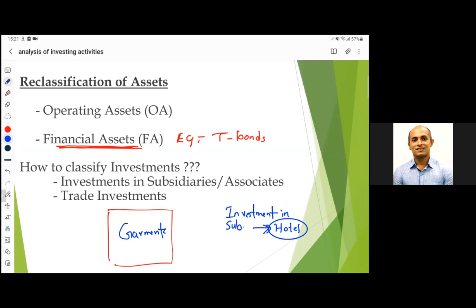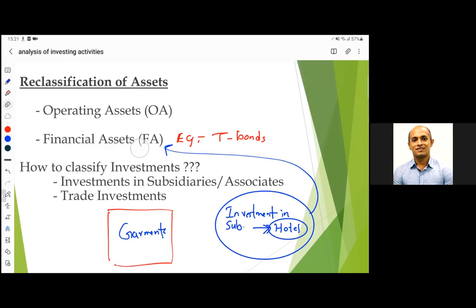Then the investment in that subsidiary, you can put under financial assets. So you separate those assets that are not related to your main operations. You can put them under the category of non-operating assets. That's okay. Or financial assets.